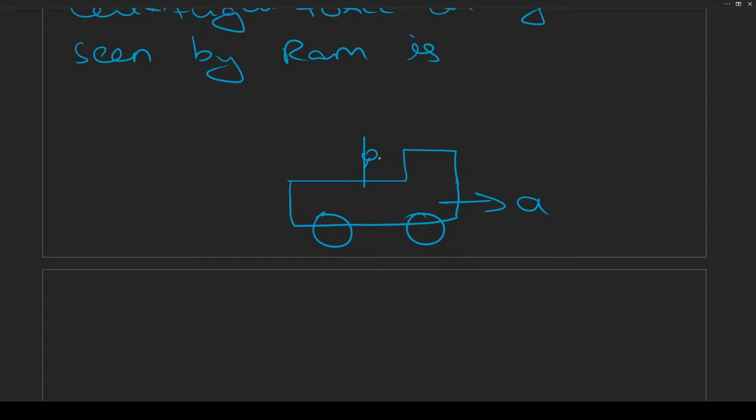There is a person here, and there is one more rod here, one more person here. They are rotating with omega 1 and omega 2 in the same direction. The separation between them is L.